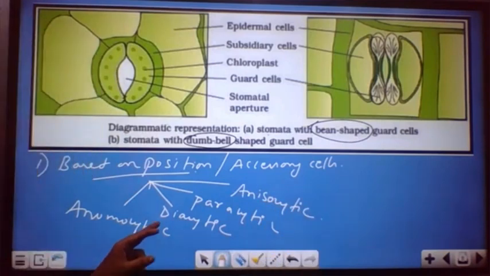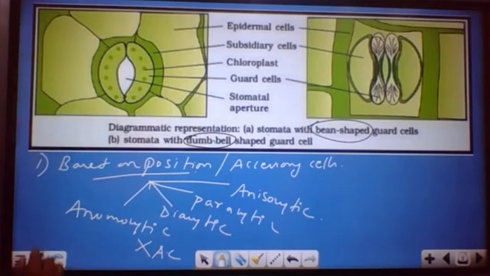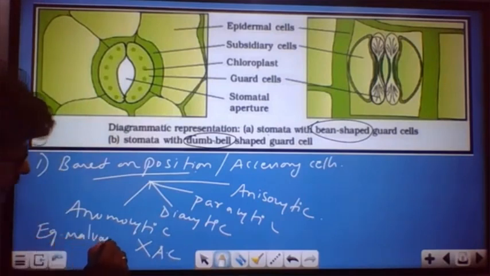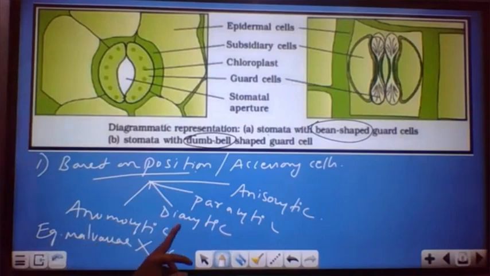I'll give an example for each. Anomocytic is where there is complete absence of accessory cells; no accessory cells are present. For example, in the Malvaceae family you can see this type of stomata.